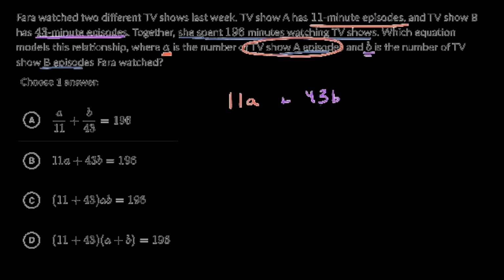And we know that that needs to be equal to 196. And so let's see which of these choices have it. That's not that one. Let's see, this one is it. Exactly what we got. This is different, and this is different, and we're done.